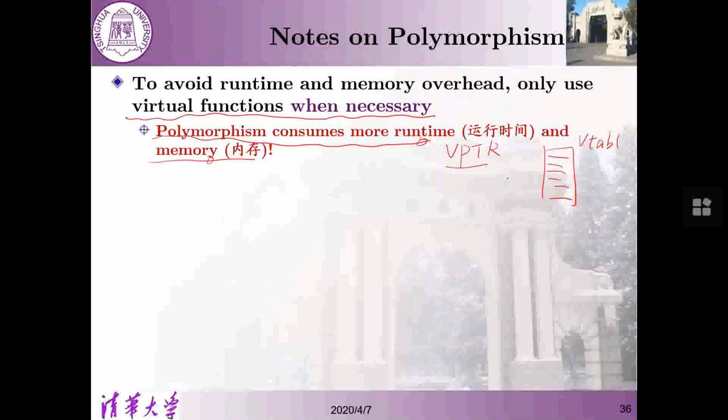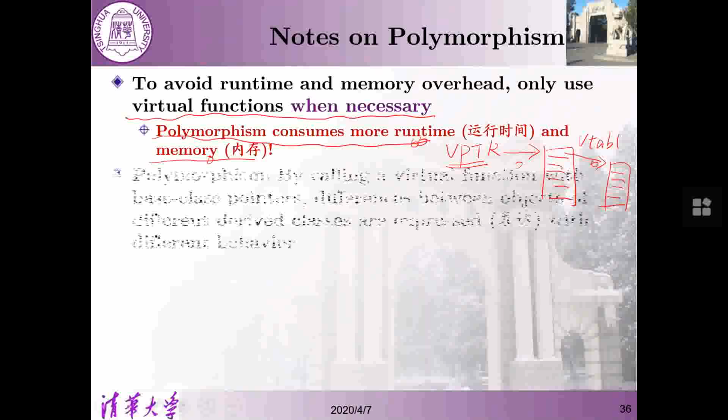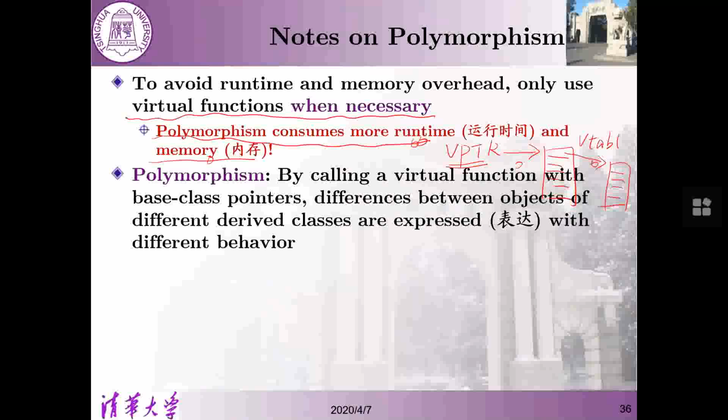And if we want to call the virtual functions, there is more addressing, from the VPTR to the vtable, and then from the vtable to the functions. So it's more time consuming, more runtime. So if you use polymorphism too much, then your program will be slowed down. So be careful about that.